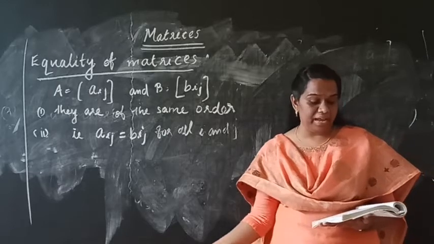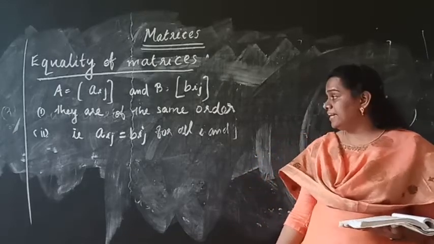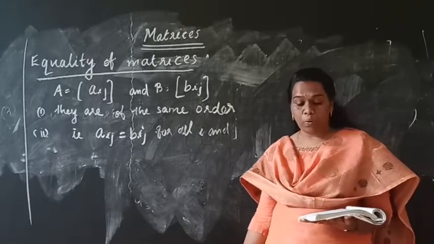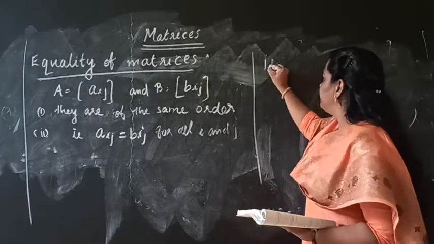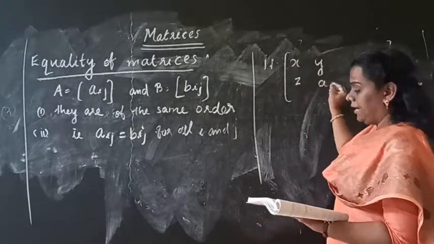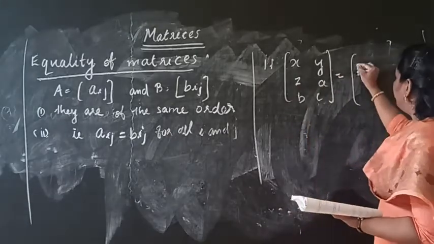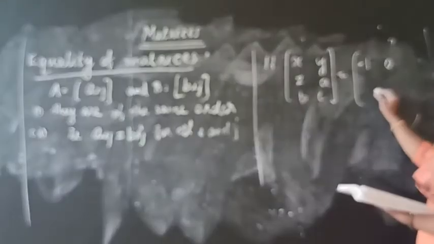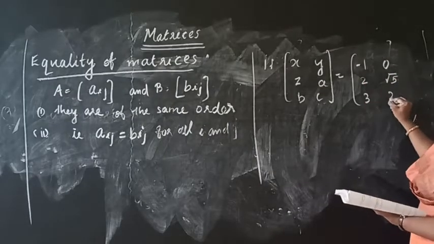Each element of A equal to the corresponding element of B. For example, if matrix [X, Y, Z; A, B, C] is equal to [-1, 0, 2; √5, 3, 2].